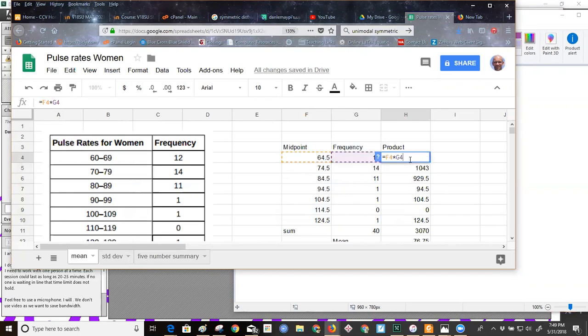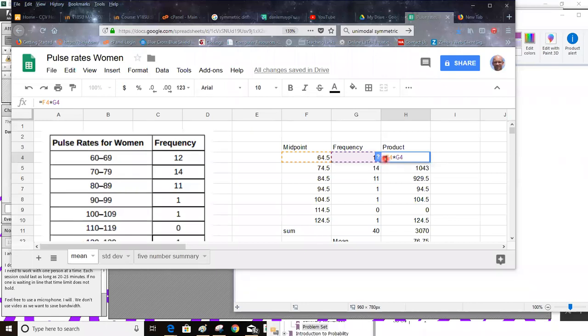So all I did with the spreadsheet, just so you see the formulas, is multiply. Now, I don't know how you are with spreadsheets, but if you do equals, that tells it you're going to do a formula. Let me get a pointer. I think I can get a pointer going here. So the equals tells the spreadsheet that you're going to do a formula. I clicked on the midpoint cell, and it put the F4 there.